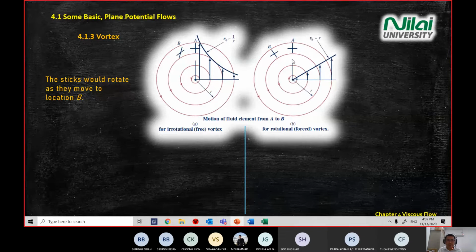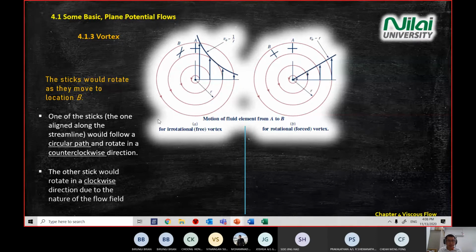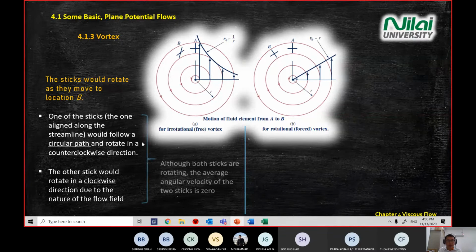It only continues facing the center. On the left, the free vortex one, you see the stick will rotate anti-clockwise. The body will twist anti-clockwise a little bit. So there's a difference between the left-hand side diagram and the right-hand side diagram. You can read this from my slides later on. I just explain what is happening.